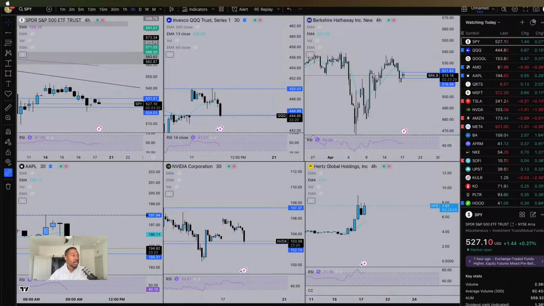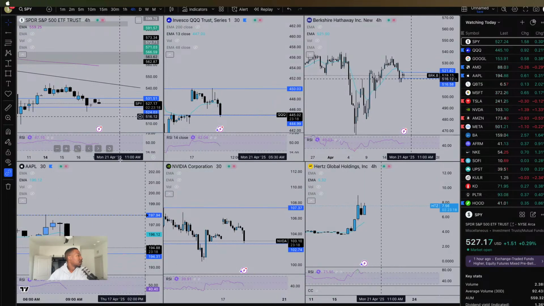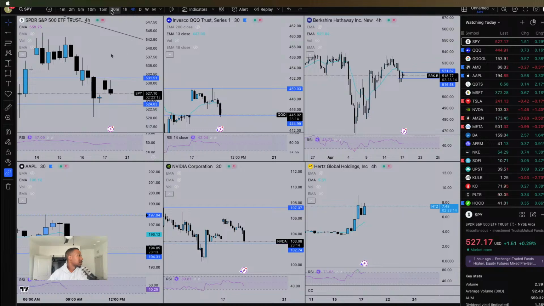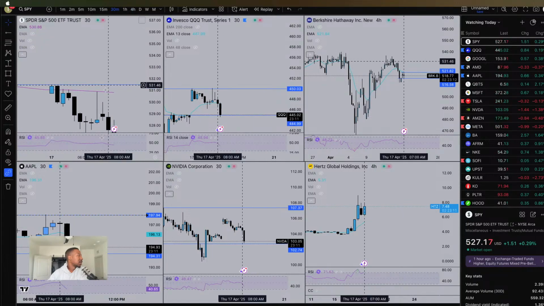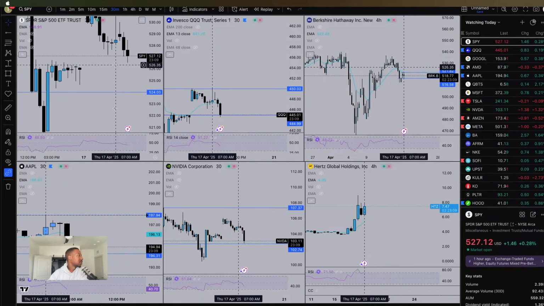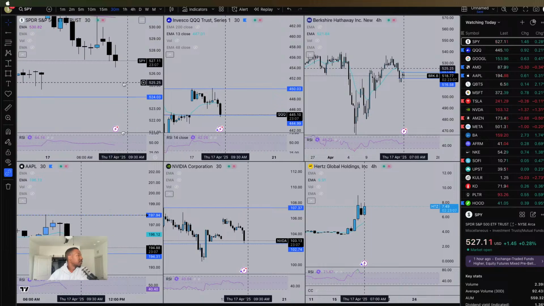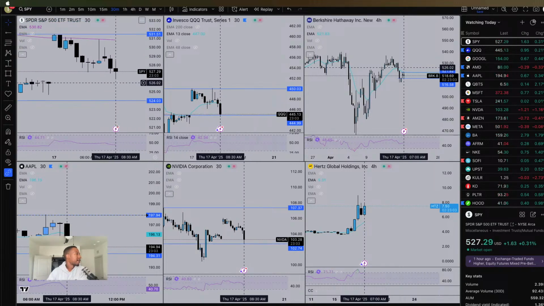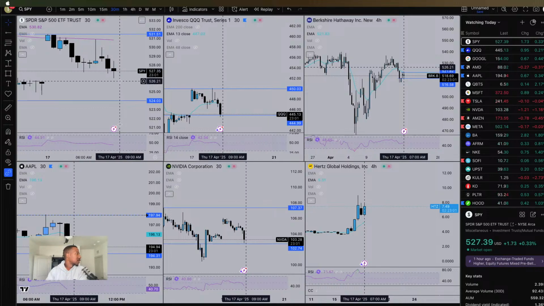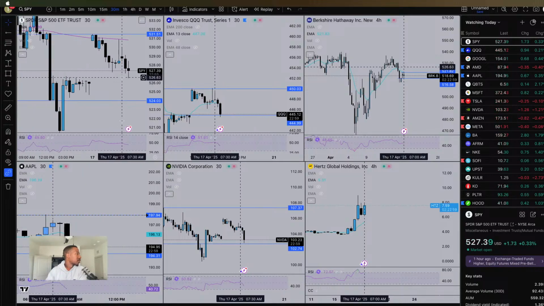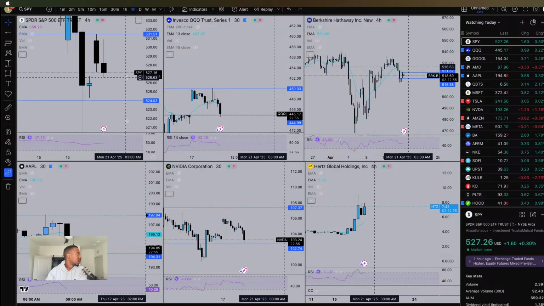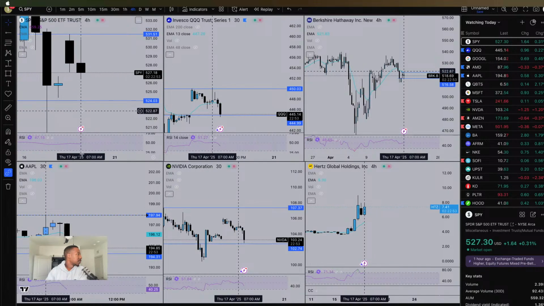Here, let's see if we can get SPY to support, or see if we can get SPY to kind of fill in this gap. I might be down to go for a call when we fill in this gap, or close this gap. Here, let me go back to a 4 hour. I guess the gap's kind of filled.